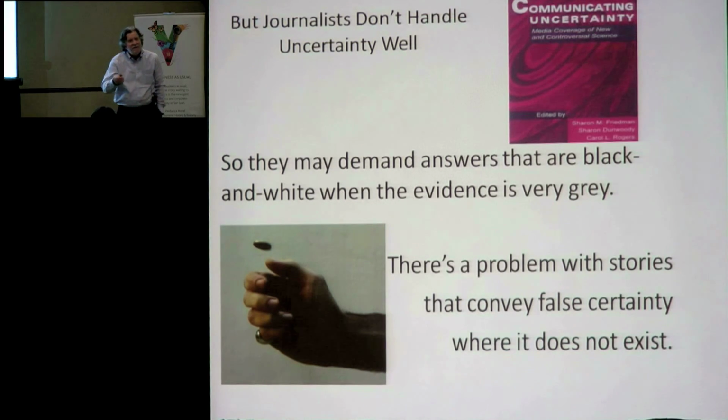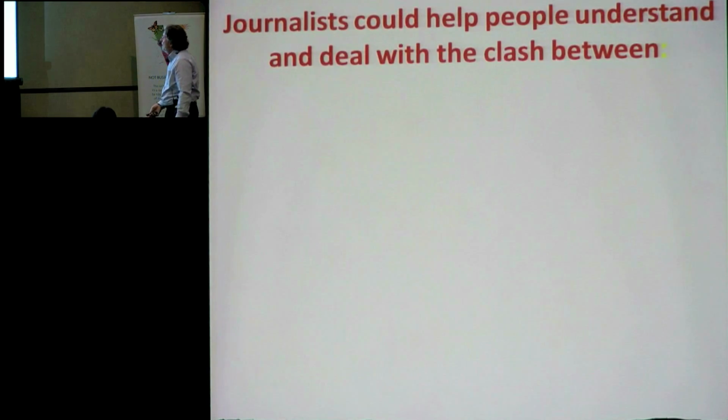But journalists and we in the public don't handle uncertainty very well. We demand answers that are black and white when the evidence is very gray. There's a problem with our stories when we convey certainty where certainty does not exist.